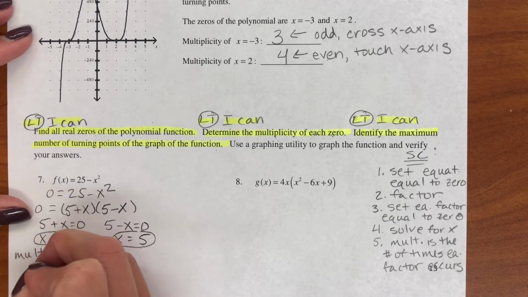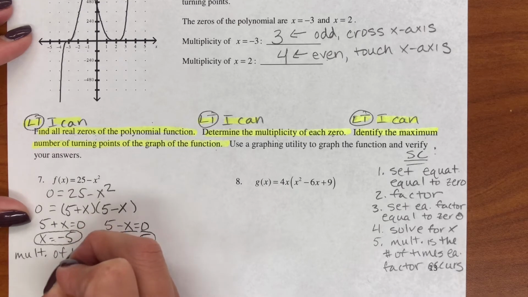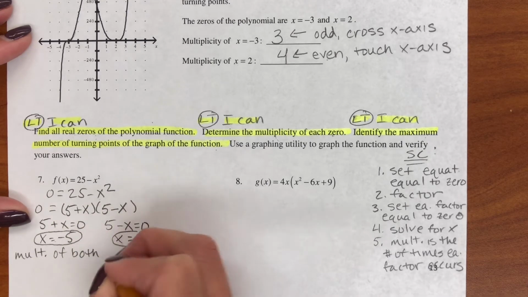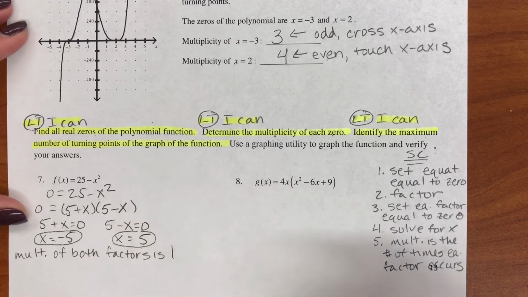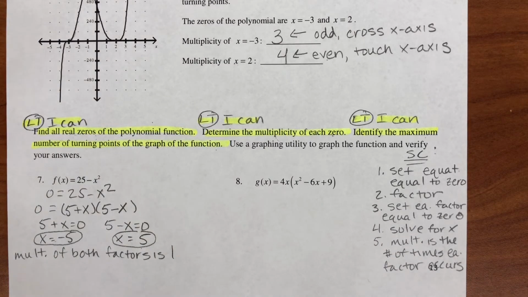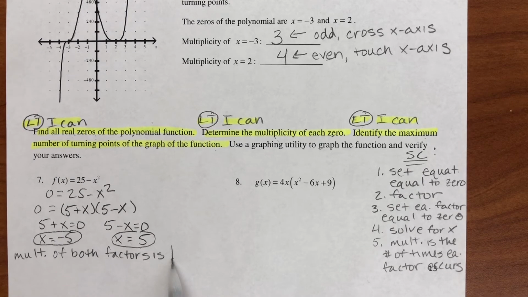So the multiplicity of both factors is 1. And what does that tell us? Well, 1 is an odd number.